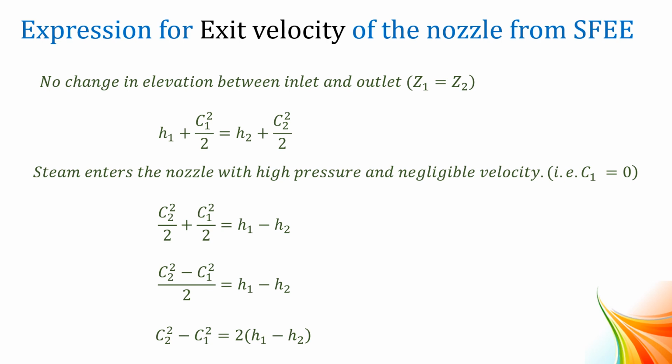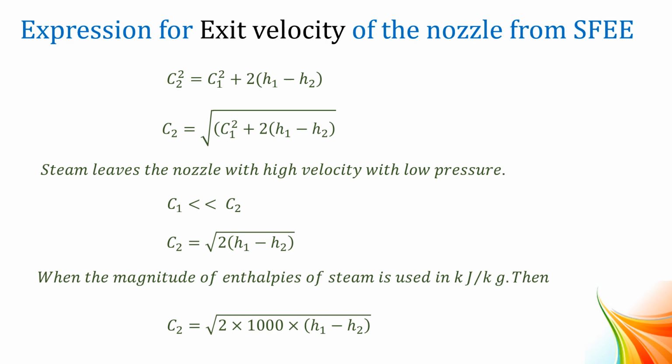By simplifying, we will be having C2 square minus C1 square equal to 2 into (h1 minus h2). By looking at this equation, we want C2, that is exit velocity. We are going to find out exit velocity. So if you take the C1 square to the right hand side, it will become C2 square equal to C1 square plus 2 into (h1 minus h2).